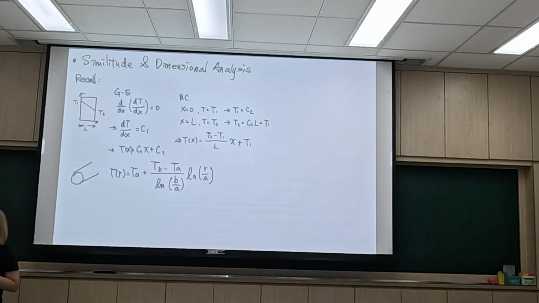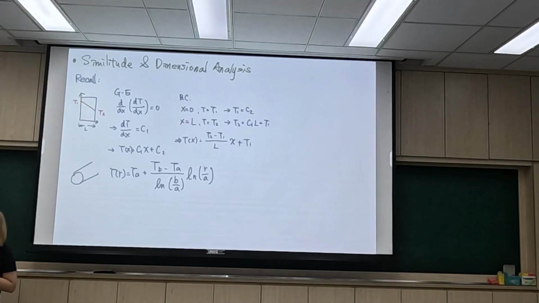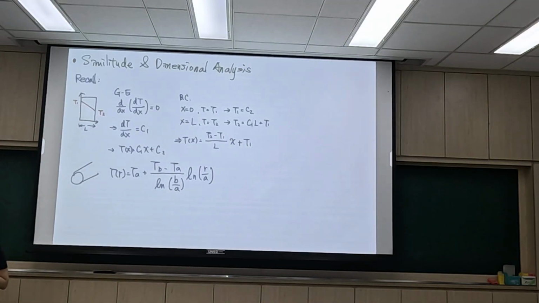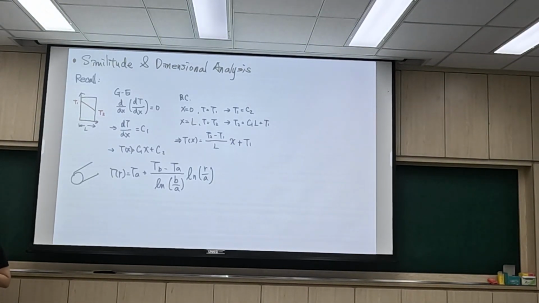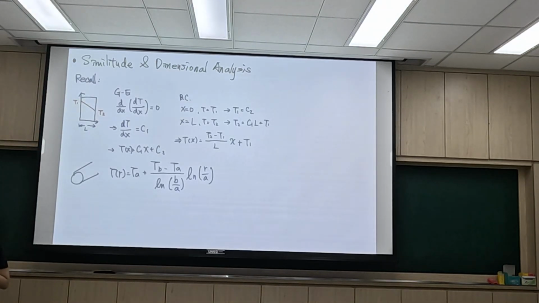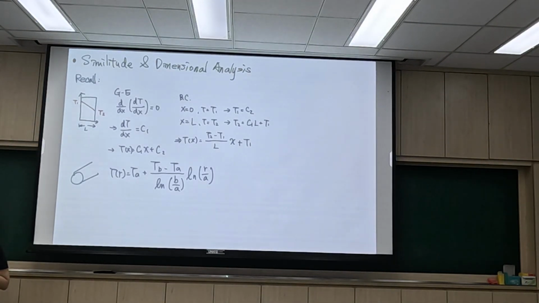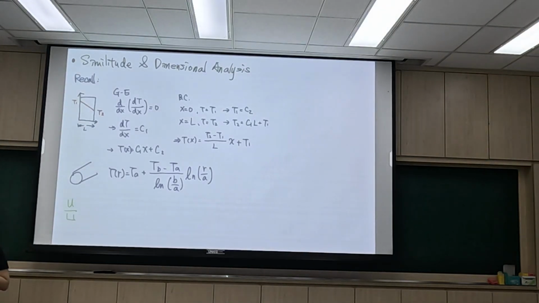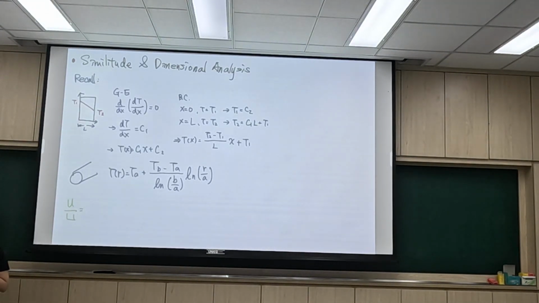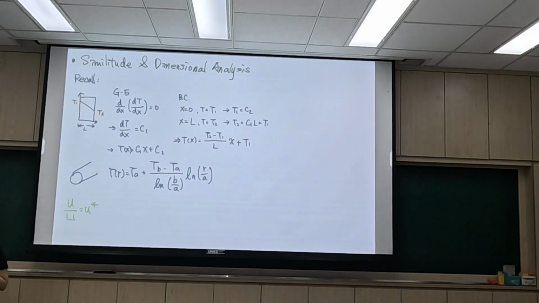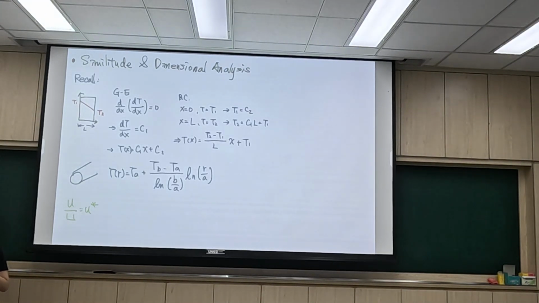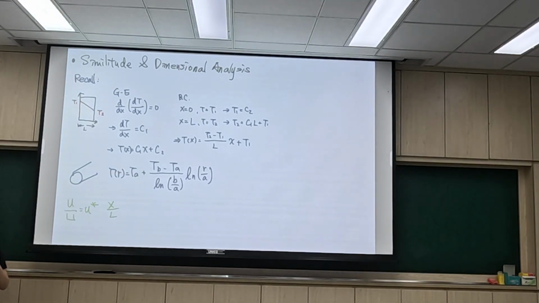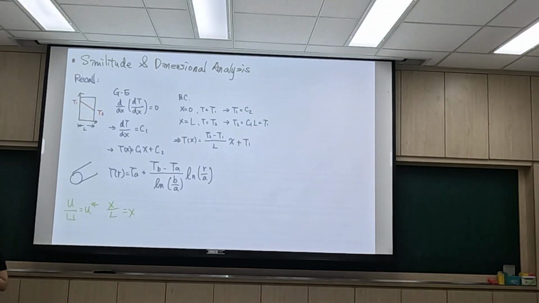Similarly in the cylinder coordinate, you can do similar things and get this kind of temperature profile. Then, as you remember in fluid dynamics, the one thing we love to do is make everything dimensionless, which allows you to compare different situations. For example, we put U divided by the bigger U to get U star, and for length we put X divided by, for example, L, and get X star.